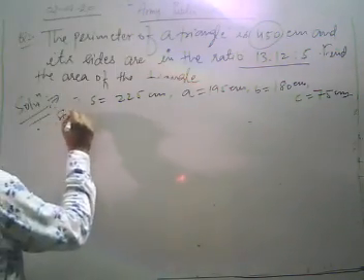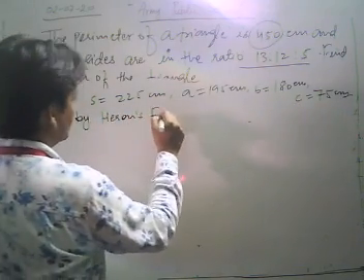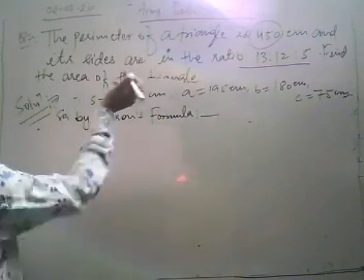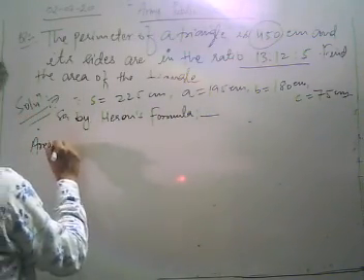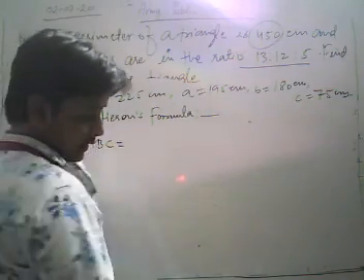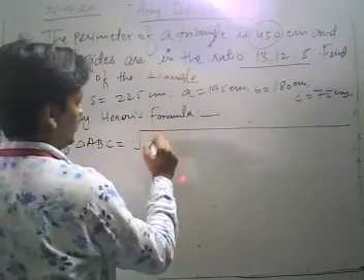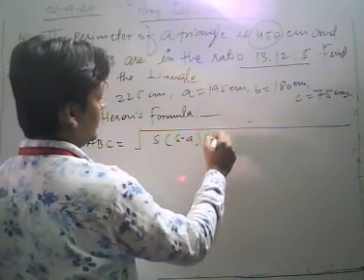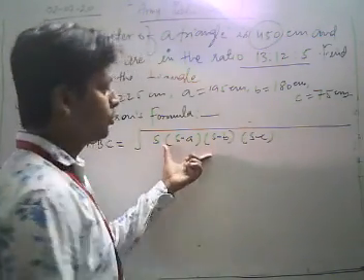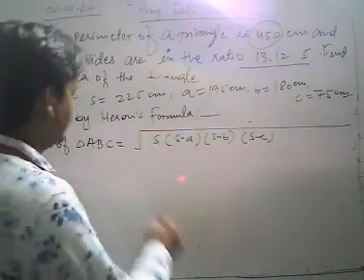So by Heron's formula, the area of triangle ABC is given by the square root of S(S minus a)(S minus b)(S minus c). Now we put all the values in this formula.